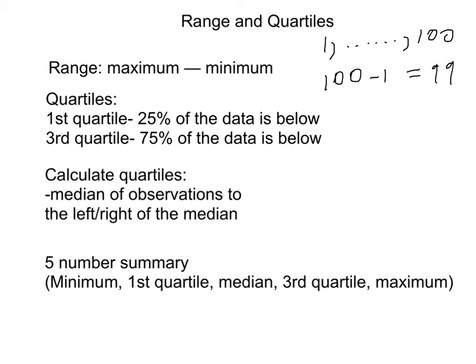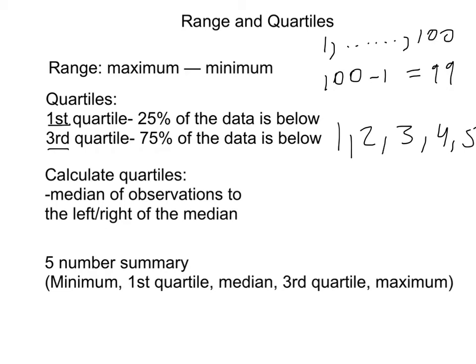And then quartiles measure kind of percentiles of where the data actually is. What we use is the first quartile and the third quartile. In the first quartile, 25% of the data is below that point. So let's say our data set is 1, 2, 3, 4, 5.